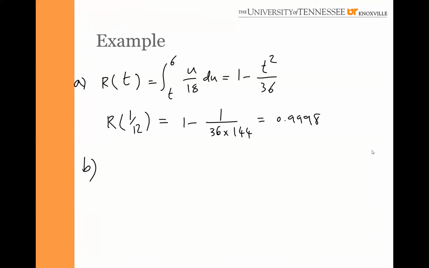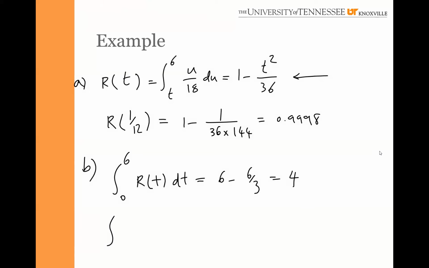Part B, because I've already calculated my R(t), I'm going to plug it in. And I know that t is positive, so I'm allowed to use the second method, right? So I'm going to integrate R(t), which is this function, dt from 0 all the way to 6. And if I do that, I get 6 minus 6 thirds, and I get finally 4.